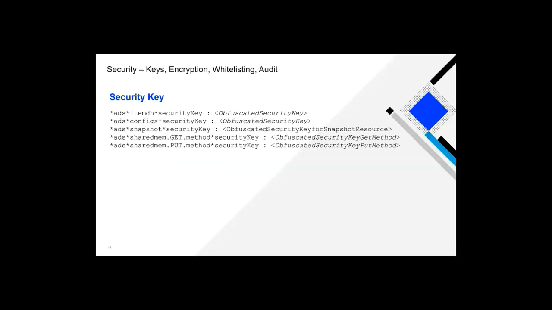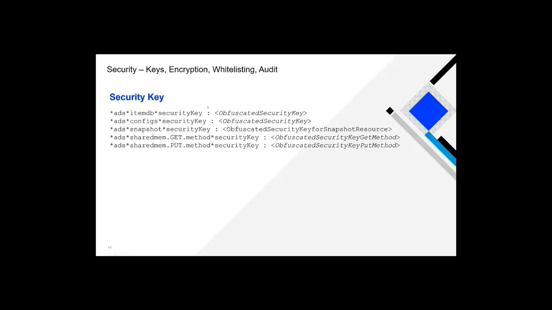Without the password, I am not authorized. So in the configuration file, I have to put the obfuscated security key. And then when I send a REST query, I have to specify the key in the request.